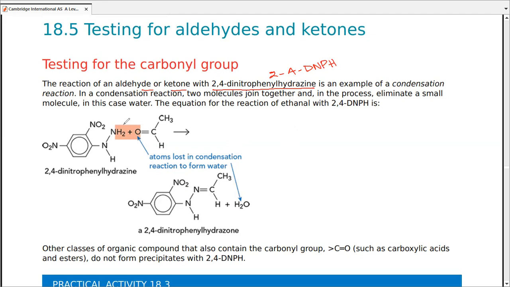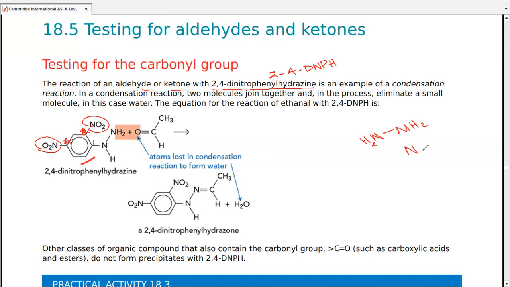Let's clarify. 2 and 4 because this is the 2 position, this is the 4 position, this is position 1. Dinitro because there are 2 NO2 groups, NO2 is the nitro group. Phenyl because of the presence of the benzene ring. Hydrazine is actually NH2 connected to NH2.